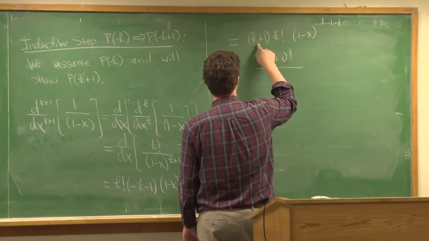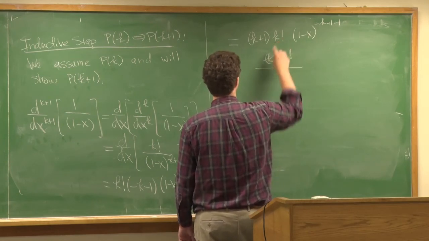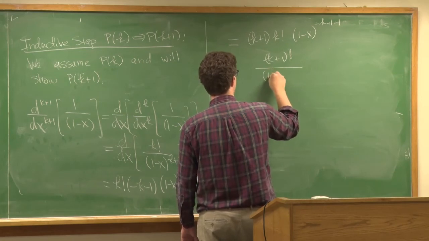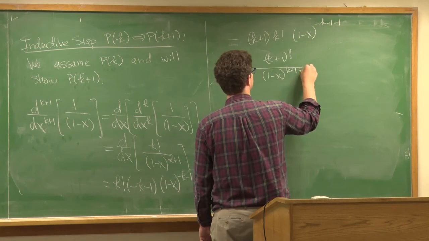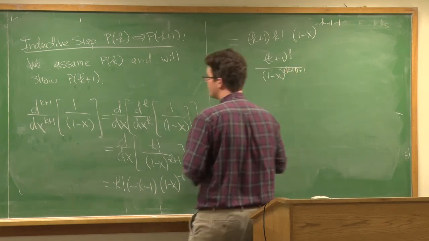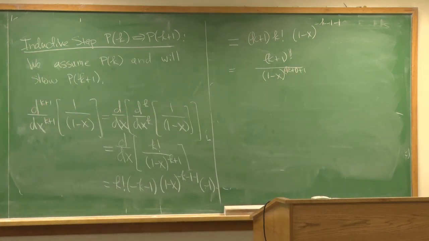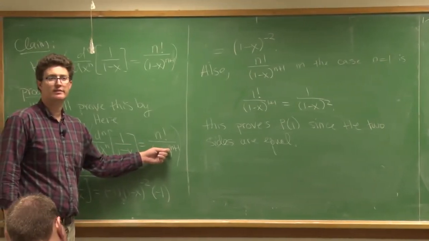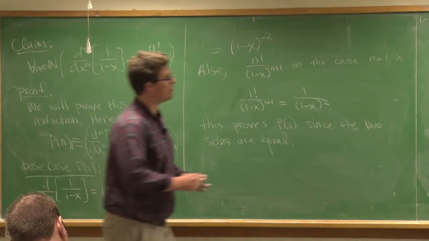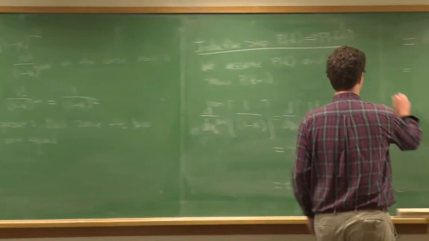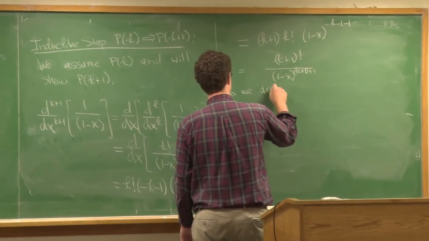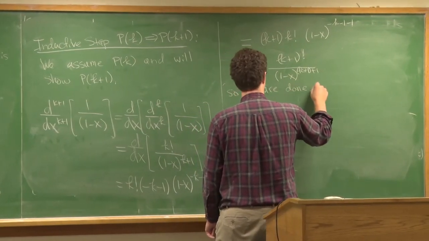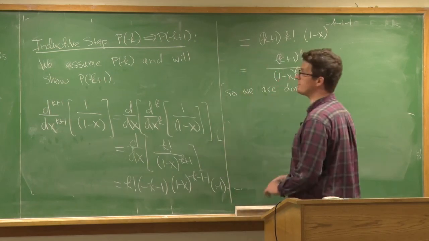So we have the first one and then all the lower ones given by this thing. And then we have x minus 1 to the k plus 1 plus 1. OK? And this formula looks exactly like the right-hand side here when I plug in k plus 1 for n. Does that make sense? So we have shown, so we are done. Right? We've proved the inductive step here.